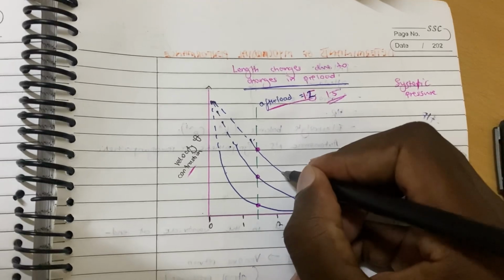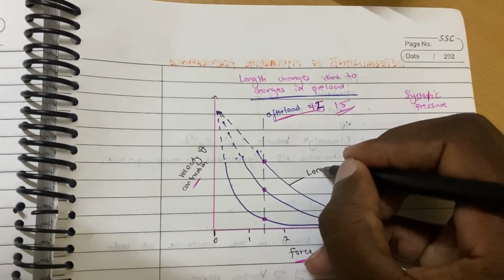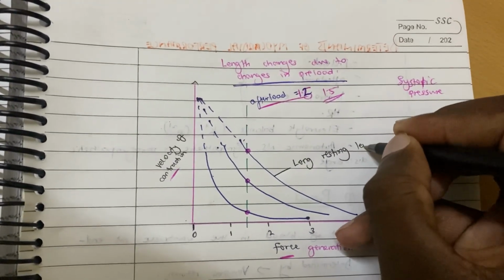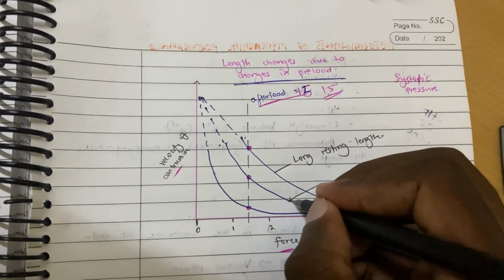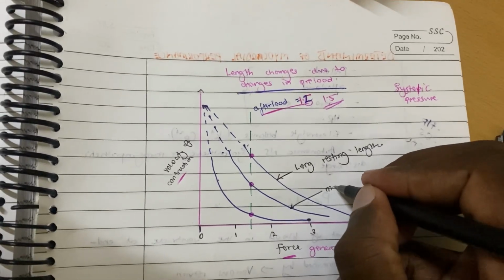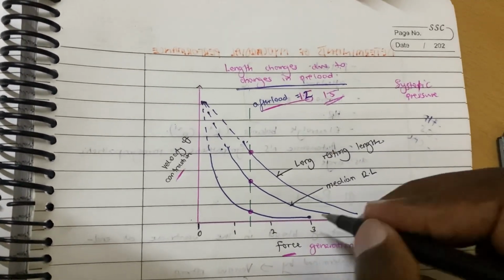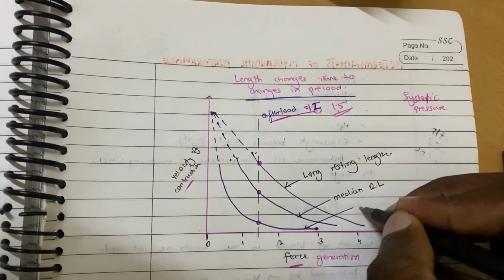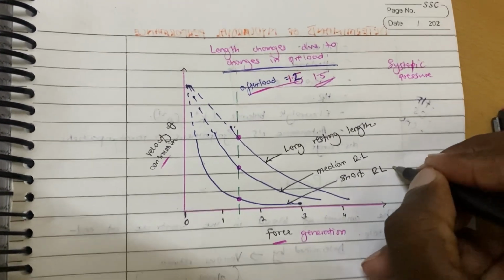Labeling them. This one is the long resting length. This one is the intermediate or normal or median resting length, and then this one is the short resting length.